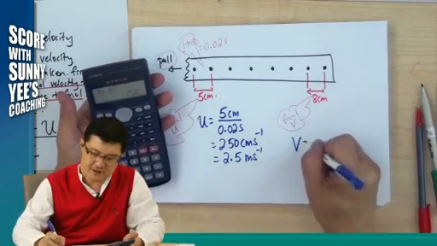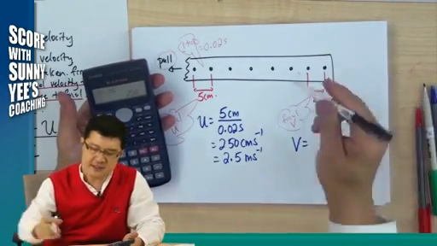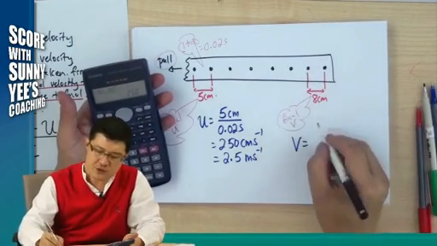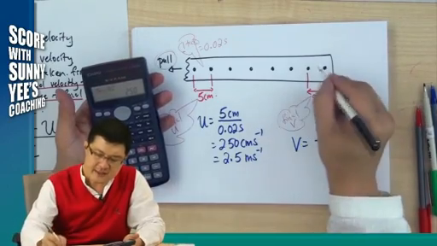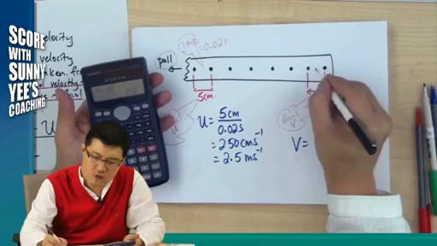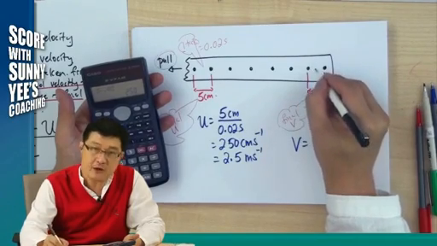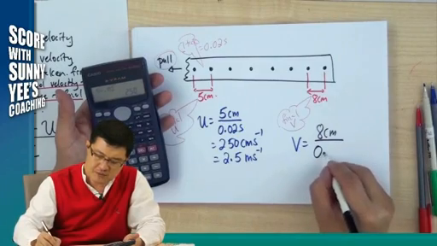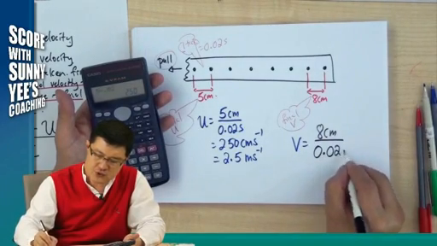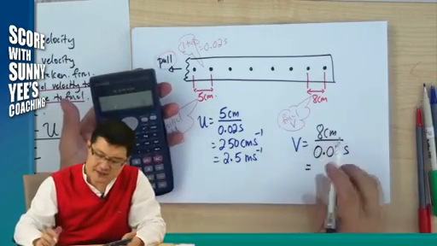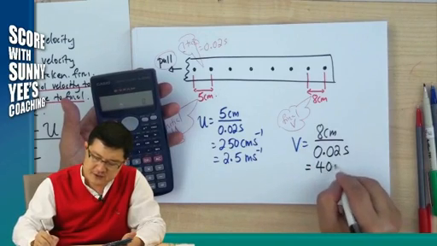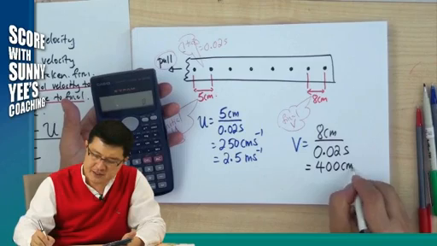Your final velocity is 8 centimeter divided by the time taken, which is for one tick. So one tick is how many seconds? 0.02 second. So again, I divide. 8 divided by 0.02 is 400 centimeter per second.